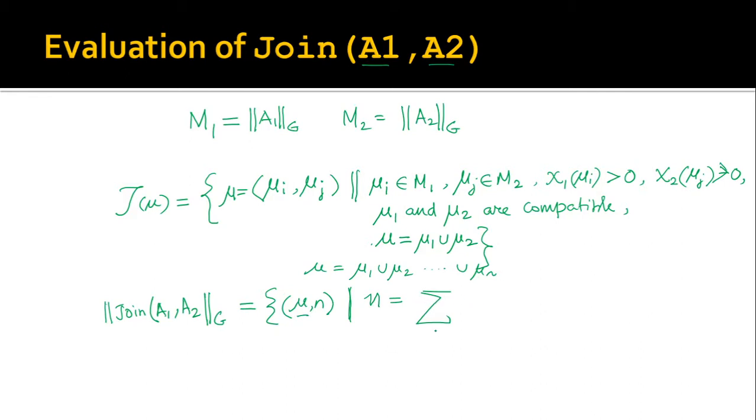So we'll be taking each pair, right? You take mu i and mu j, and this belongs to join M, right?